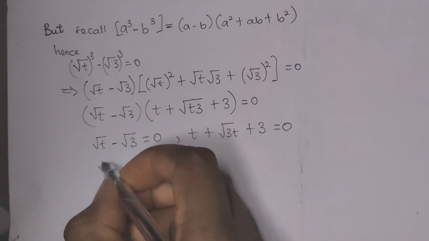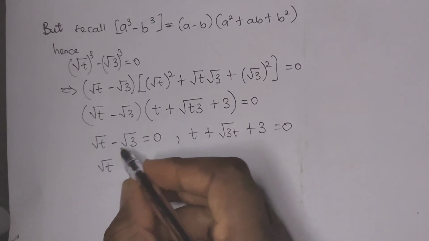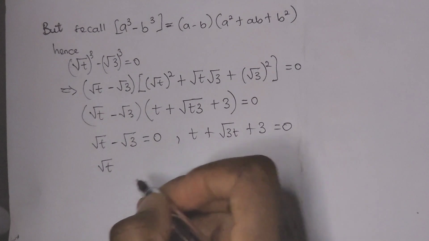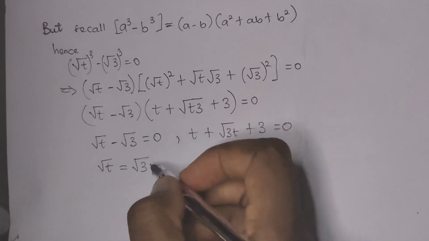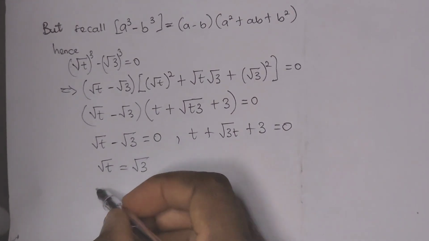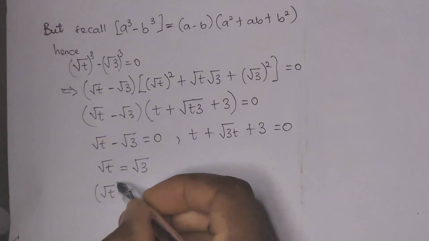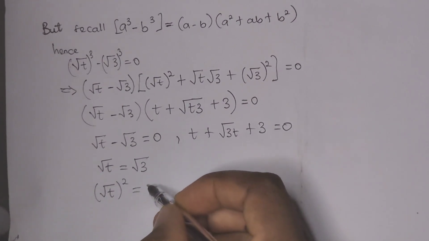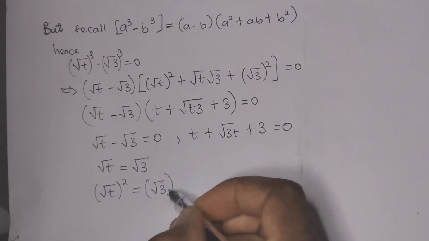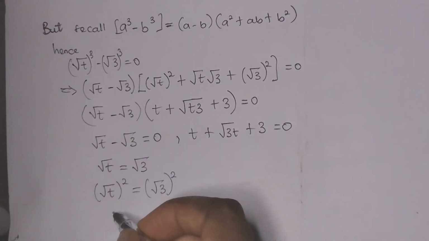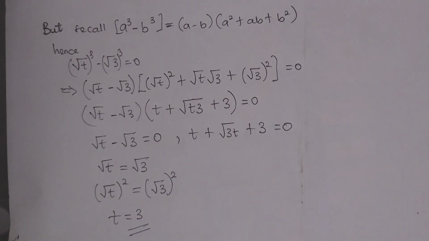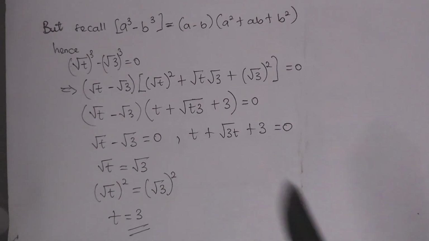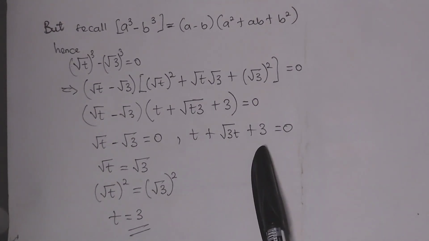From here, we have the square root of t; when minus square root 3 crosses over, it becomes positive square root of 3. Now, taking the square of both sides, we're then left with t is equal to 3. So we've gotten the first solution. We'll then resolve this equation to get the remaining solutions.